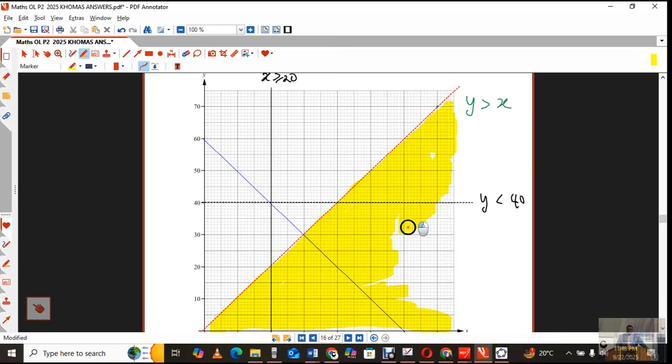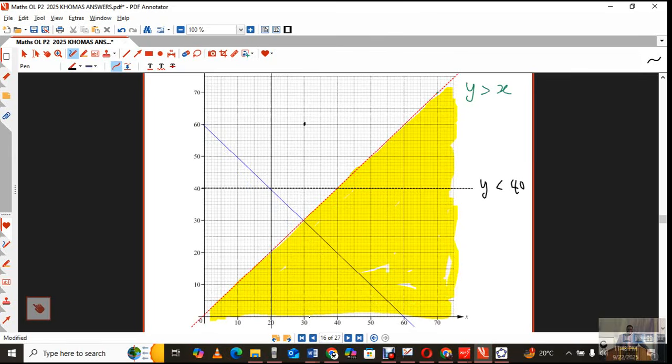You just pick any value on the region that I'm shading and on the region that I left unshaded. For example, if you pick here, this value of y is 60 and this value of x is 30, and you can see that 60 is greater than 30, so that is the wanted region.